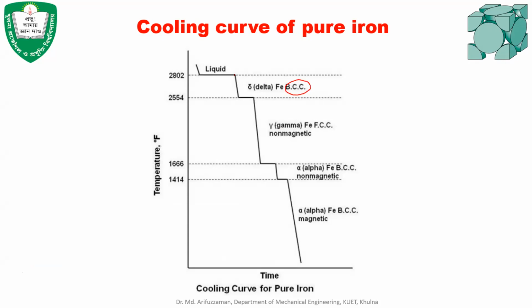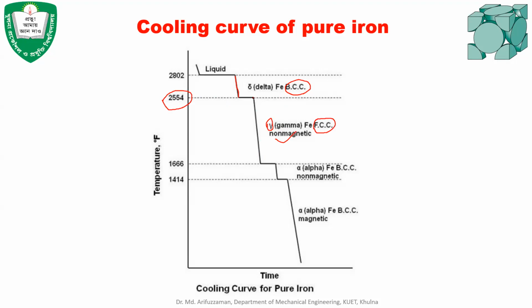And once the delta iron is completely produced, the temperature starts to drop again, and at 2554 degree Fahrenheit it converts into gamma iron. That means the crystal structure has changed to FCC structure. And the property of this iron is non-magnetic. That means gamma iron has non-magnetic property.